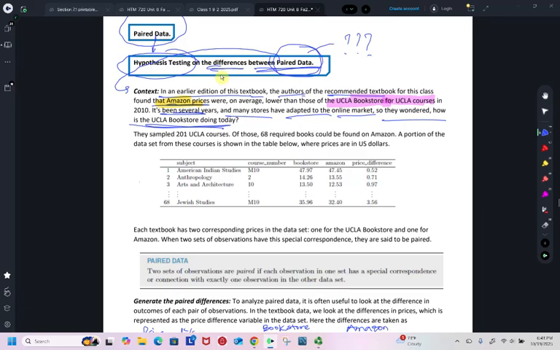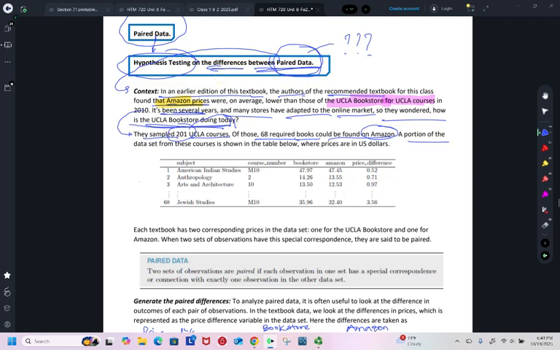To answer that question, we take a sample of 201 UCLA courses, University of California, Los Angeles, and of those 201 courses, only 68 required books that can be found on Amazon. That makes sense, because we have prices from the bookstore and prices on Amazon so that we can compare, for each book, the prices on Amazon to the prices at the UCLA bookstore.